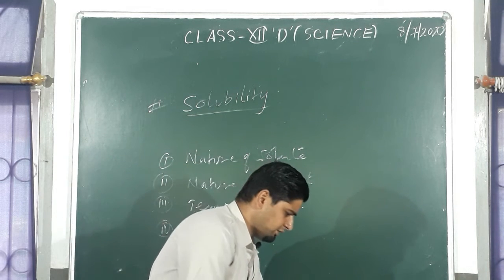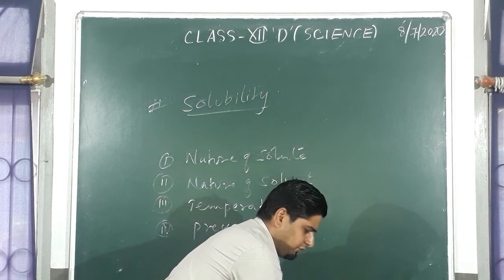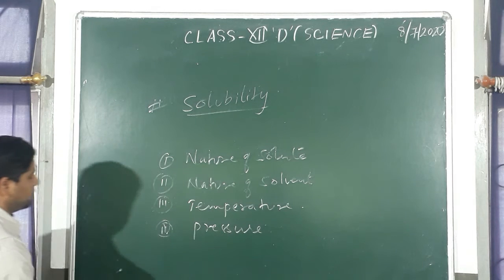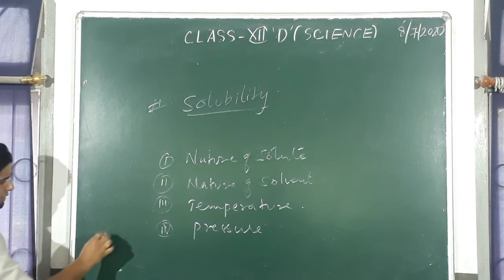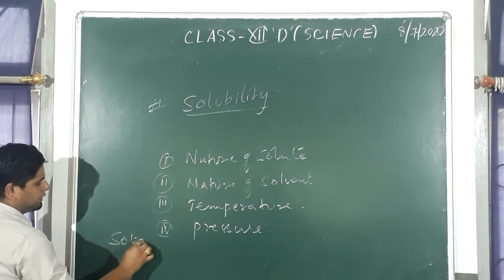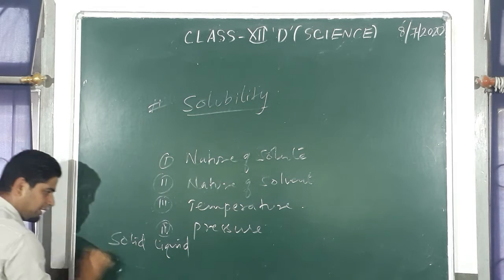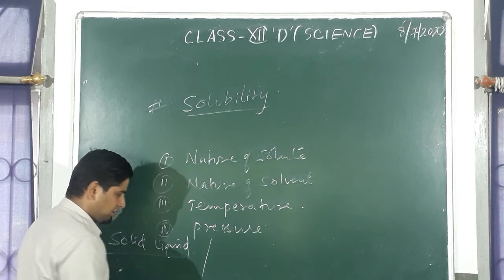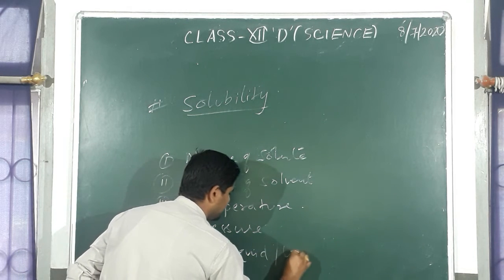Since we are doing only binary solutions, we need to study the solution of solid in liquid, that is number 1, and number 2, we have to study the solution of liquid in liquid.